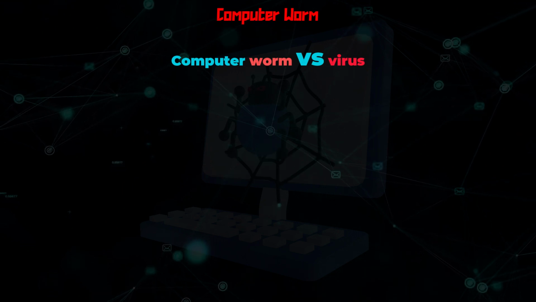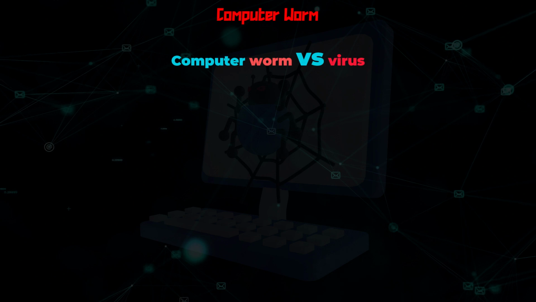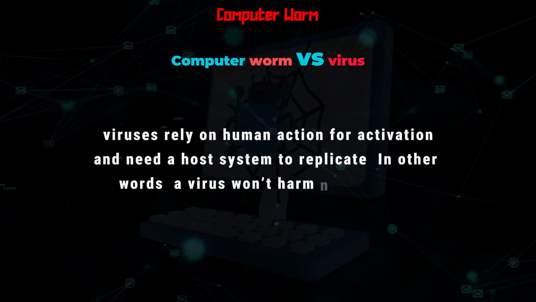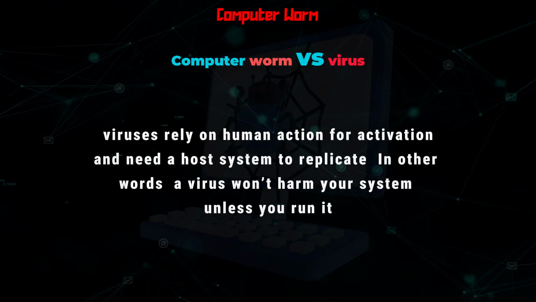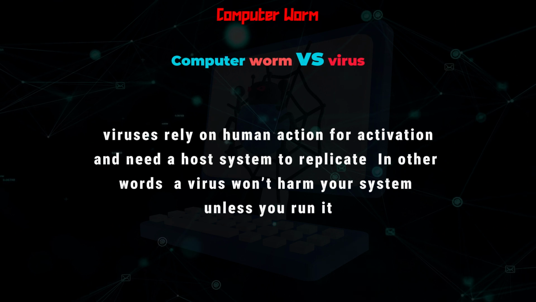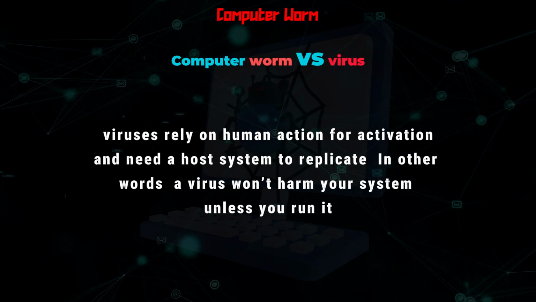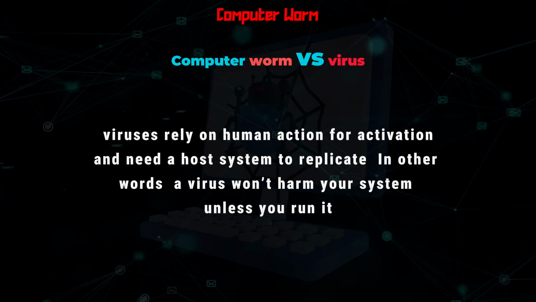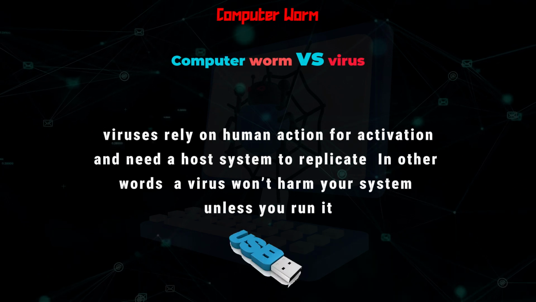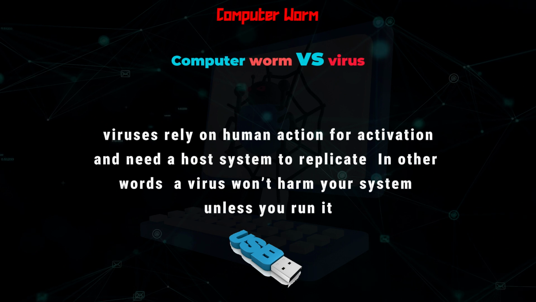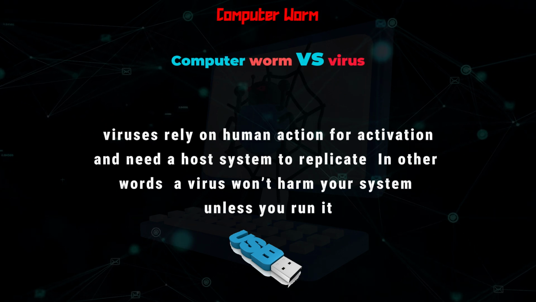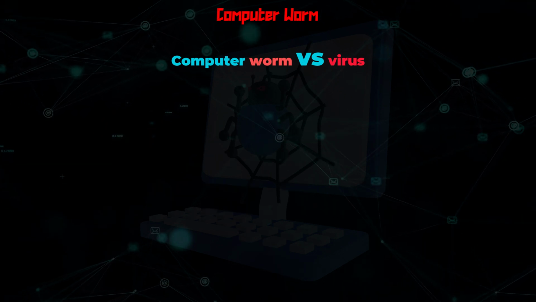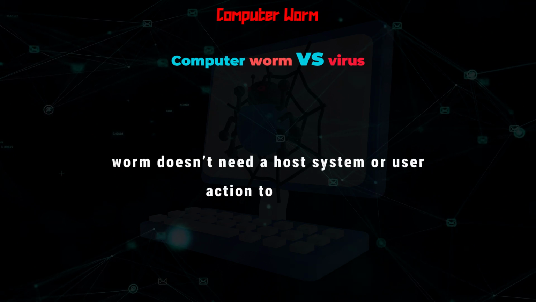The defining difference between a virus and a worm is that viruses rely on human action for activation and need a host system to replicate. In other words, a virus won't harm your system unless you run it. For example, a virus on a flash drive connected to your computer won't damage your system unless you activate it. A worm doesn't need a host system or user action to spread.